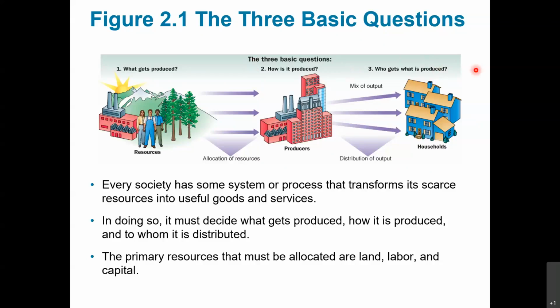Then lastly, who gets what's produced? Now, if I was in front of you, how do I phrase this delicately? I'm a well-rounded economics professor. So I would say, if I had a bunch of pantyhose, that would probably be inefficient because I have no need of pantyhose.